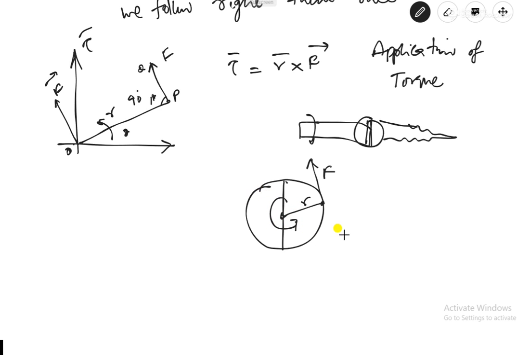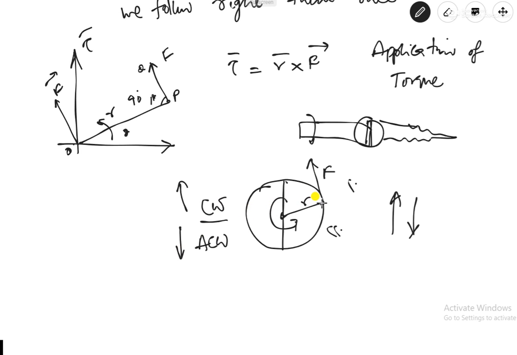The screw will either go up or go down depending on the way you rotate, whether clockwise or anti-clockwise. If you rotate clockwise, it will come up. If you rotate anti-clockwise, it will go down, or vice versa, whatever it is.